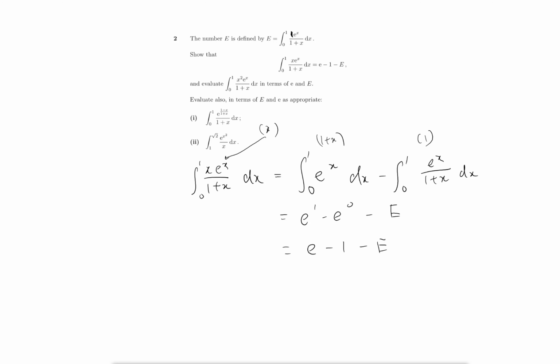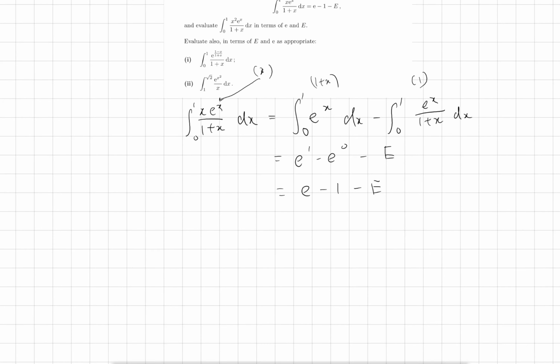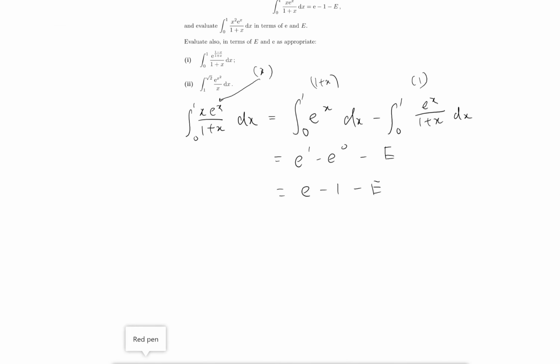And the second part says evaluate, so this time we have an x squared in front instead of the x itself. Basically it's the same trick. So again, 0 to 1. We've got x squared, so let's just look at the bit behind first.